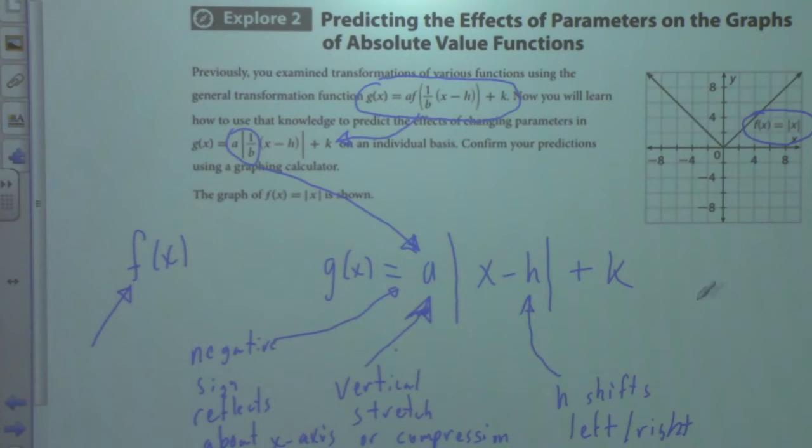And then k shifts up and down. Thank you, Siggy. And so what you're left with is the vertex. The vertex is the coordinate pair h, k. All right, so you can always go back to that and figure things out with that.